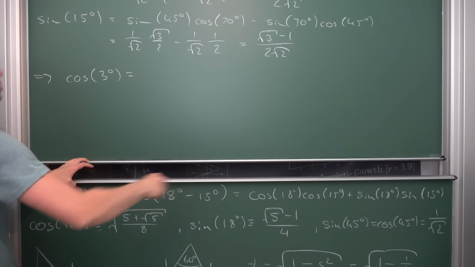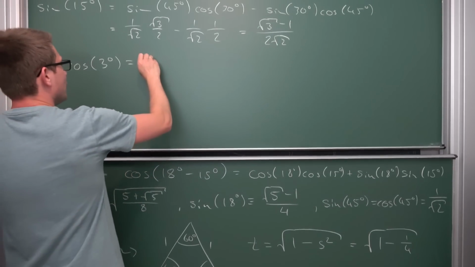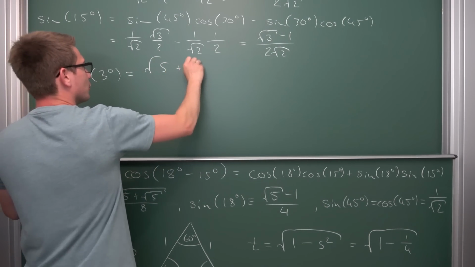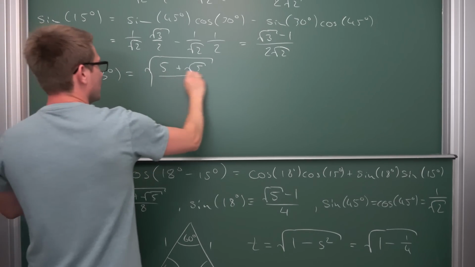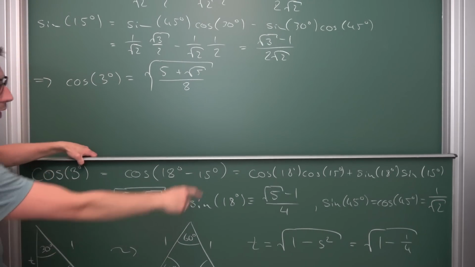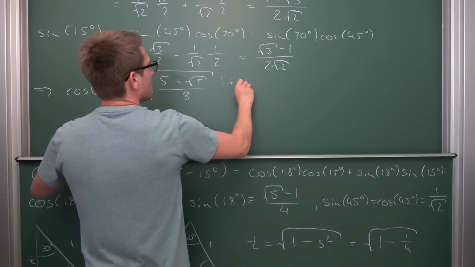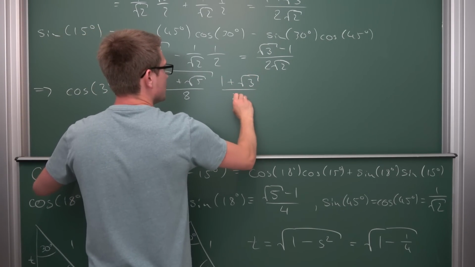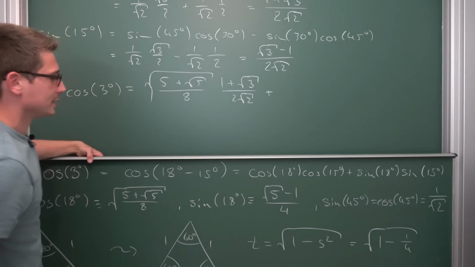Namely, we're going to get the cosine of 18 degrees, which was, by what we found out, square root of 5 plus square root of 5, everything in square roots, and all of this divided by 8, multiplied with the cosine of 15 degrees, which is 1 plus the square root of 3 over 2 times the square root of 2. And now we are going to add to it the sine of 18 degrees.